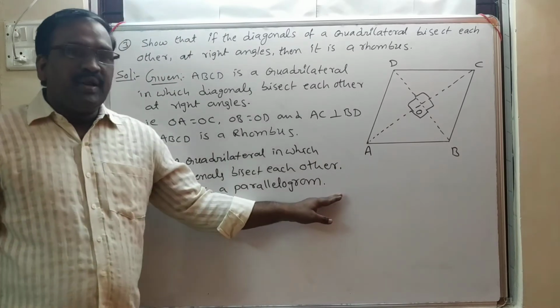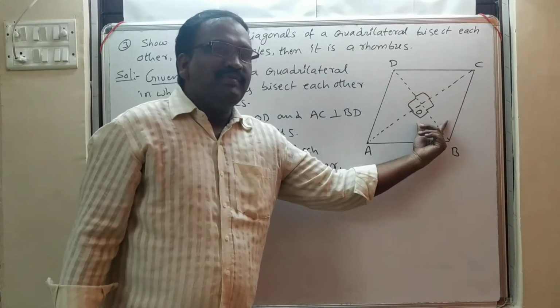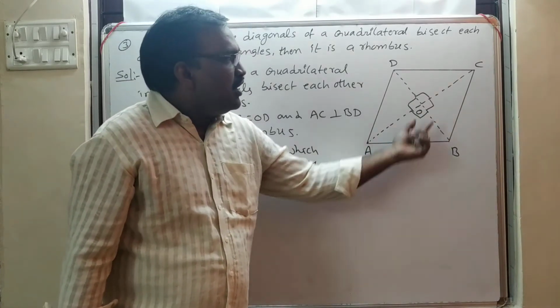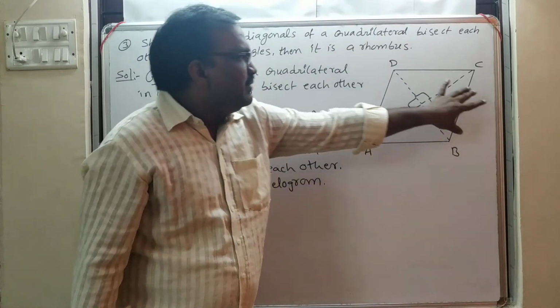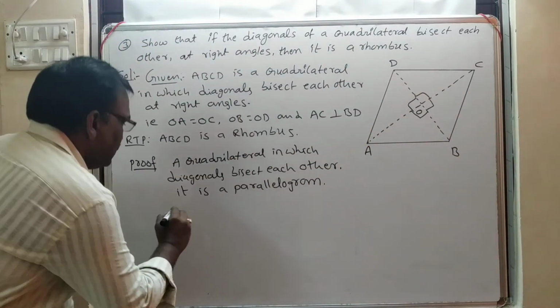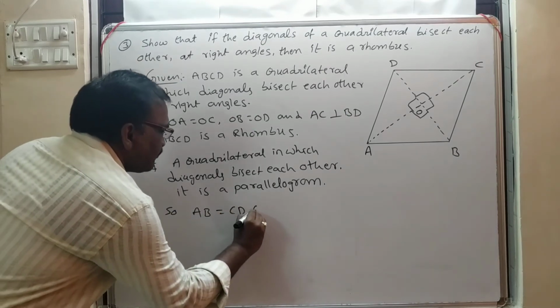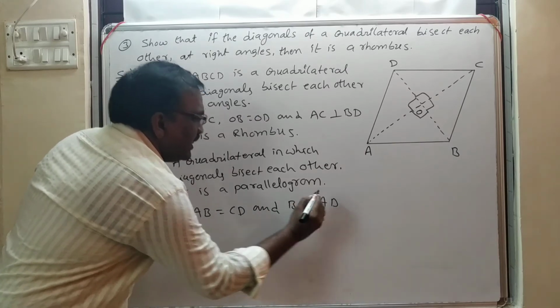Already discussed in the properties of parallelogram. In a parallelogram, opposite sides are equal. So AB is equal to CD and BC is equal to AD.